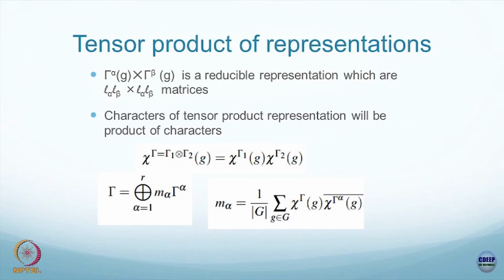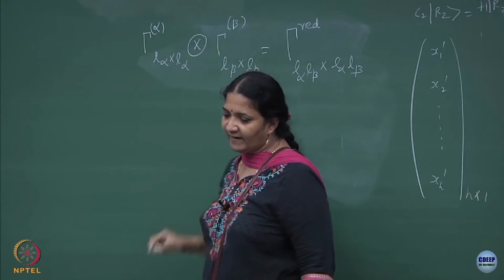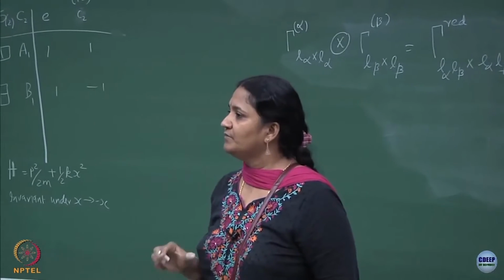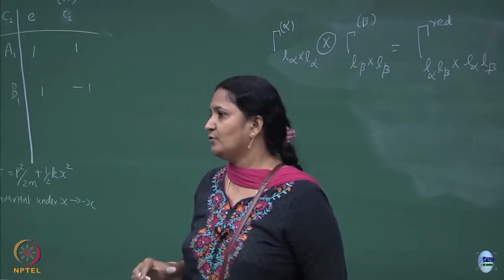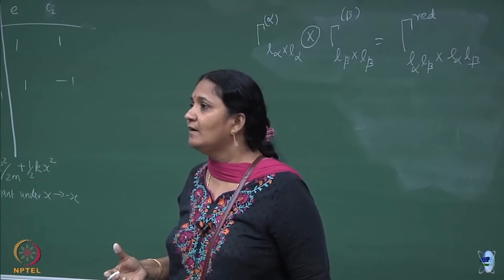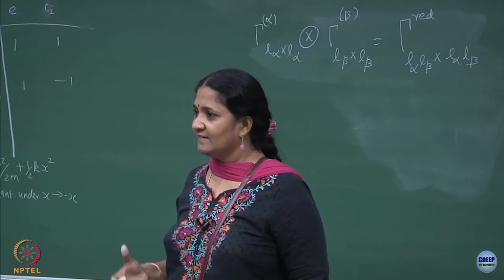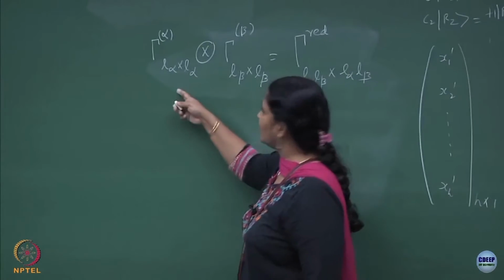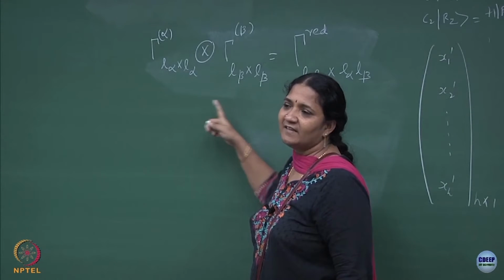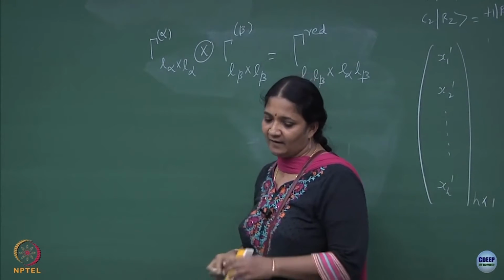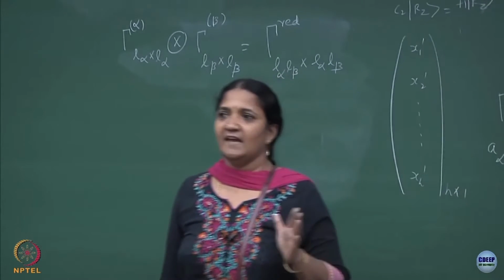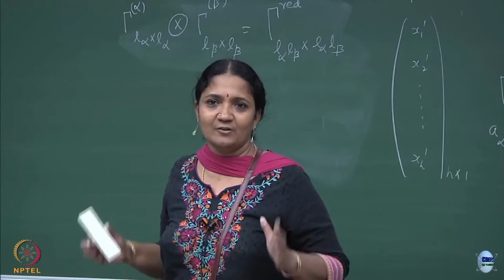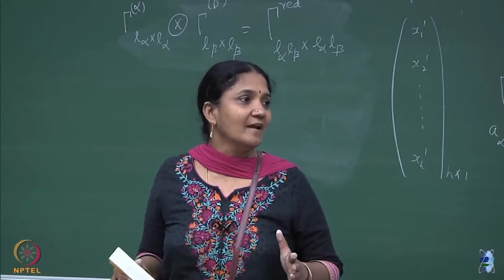Another way of using this tensor product is that vectors are the fundamental objects in nature, fundamental observables. Of course, scalars is also one observable. Vectors are the basic observables. So, if you want to look at these tensor products, I said this in the context of saying that you look at xy coordinates of the particle 1 and xy coordinate of the particle 2, that is what I was saying last time, right.